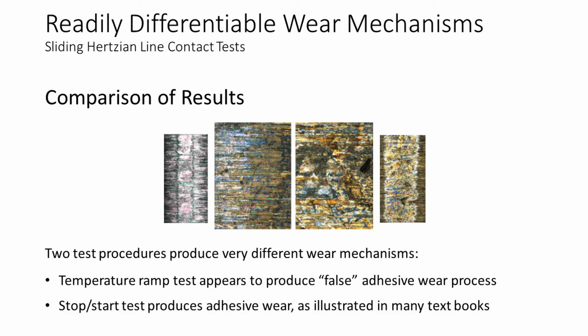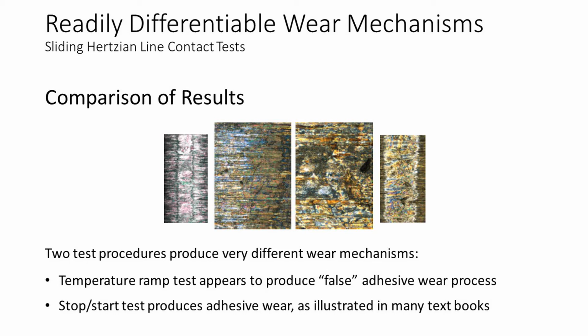It is apparent that the two test procedures produce very different wear mechanisms. The temperature ramp test appears to produce what one might term a false adhesive wear process. The stop-start test, with the temperature gradient the right way round and cyclic frictional energy input, produces adhesive wear as typically illustrated in most textbooks.